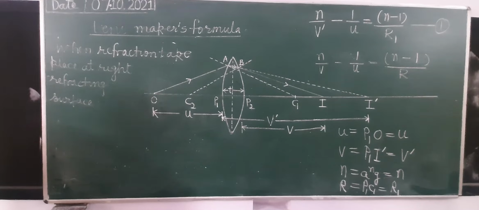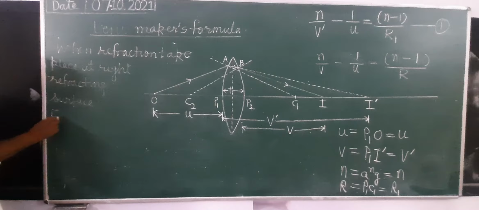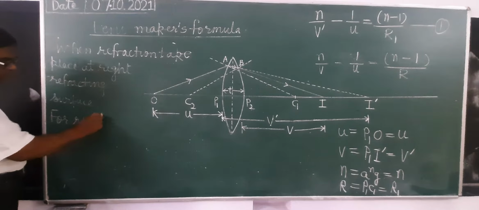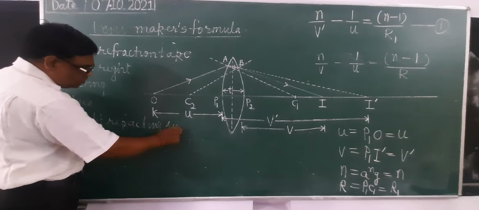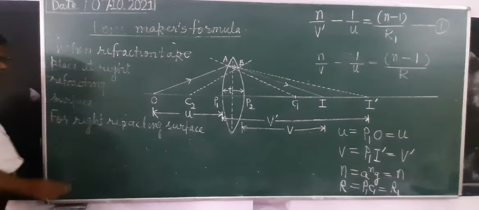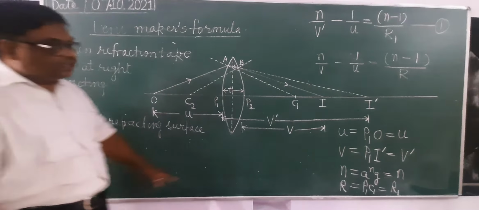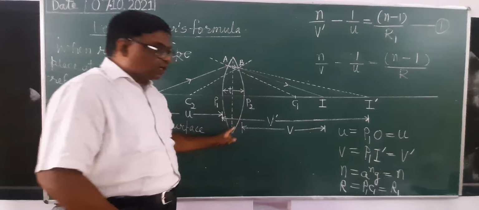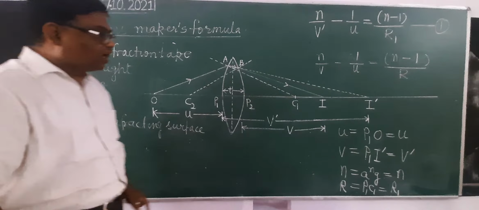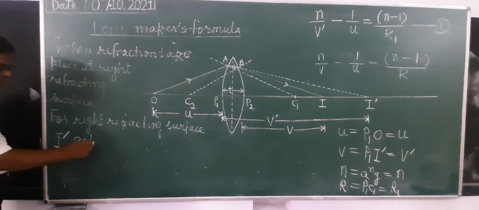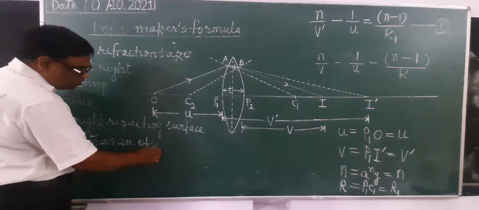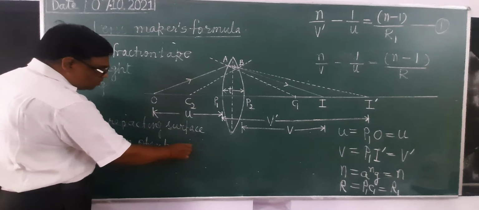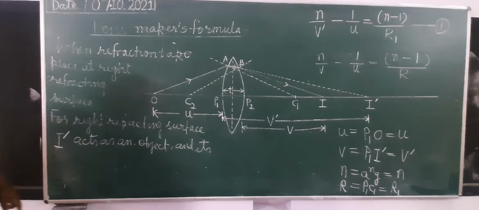For the right refracting surface, this I dash is acting as an object, whose image is formed at I. I dash is the object, and its image is formed at I.